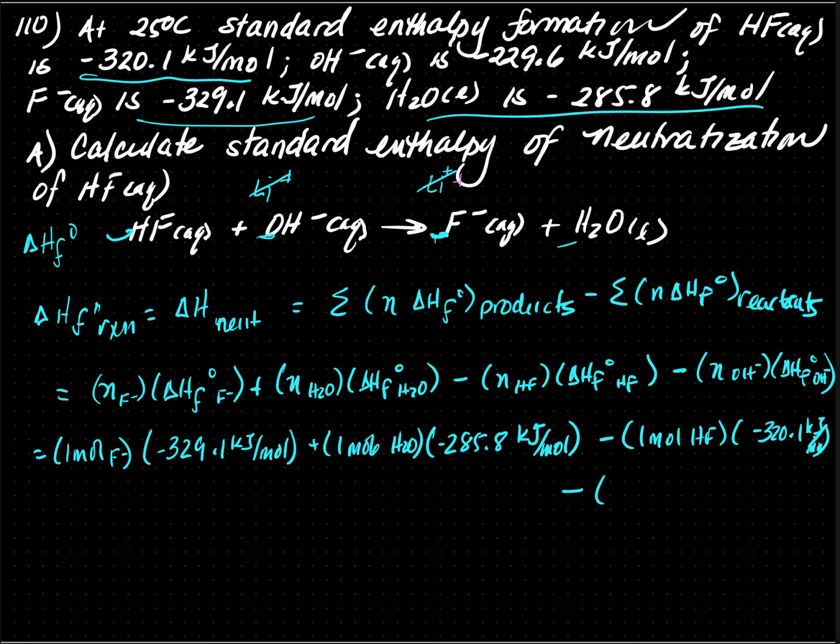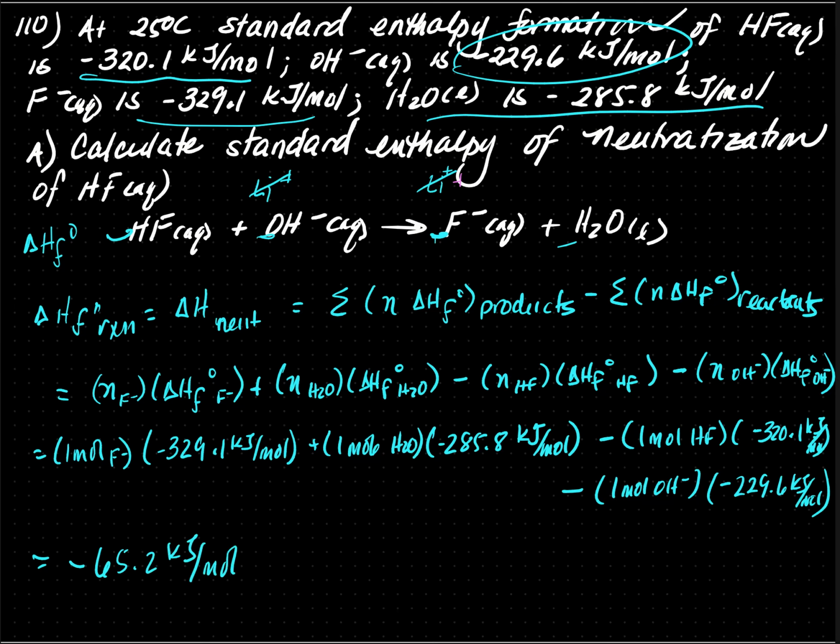Again, there's the coefficient of 1, so it's 1 mole of OH minus, and this enthalpy of formation is given right here. So that's going to be negative 229.6 kilojoules per mole. It's negative 65.2 kilojoules per mole. Since it came out negative, this is an exothermic reaction and very stable.